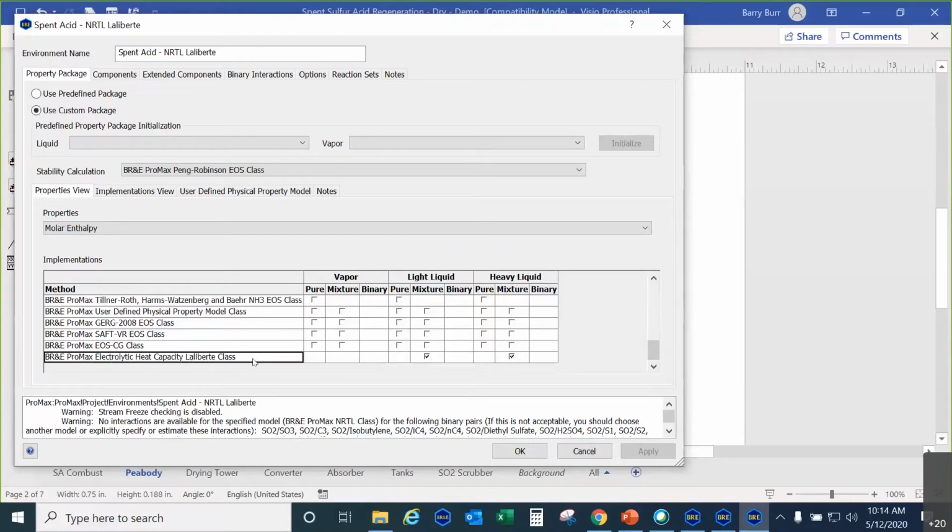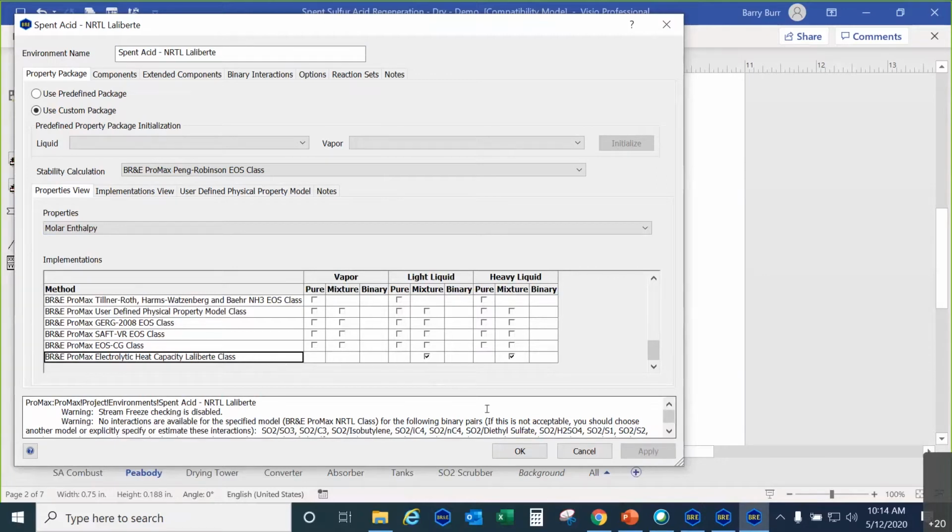So this is a new option that we've added in ProMax 5.0, and it now allows us to simulate these acidic liquids, these acids and bases at pretty high strengths in the liquid phase. We're able to simulate those, whereas we really couldn't do this before ProMax 5.0. So this is a new capability we've added.